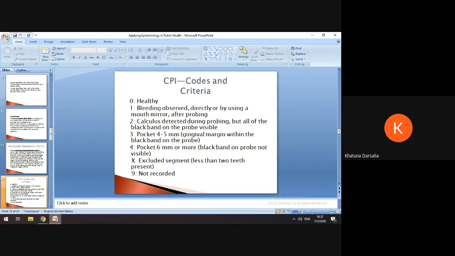Another approach to evaluate the periodontal status of a community is to separately measure each individual aspect of periodontal disease. Using this approach, each of the following aspects of periodontal health would be measured: gingival bleeding, recession or loss of periodontal attachment, pocket depth, and plaque and calculus as contributing disease factors.